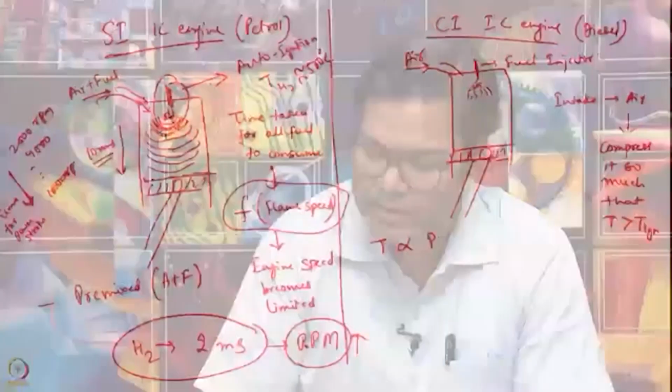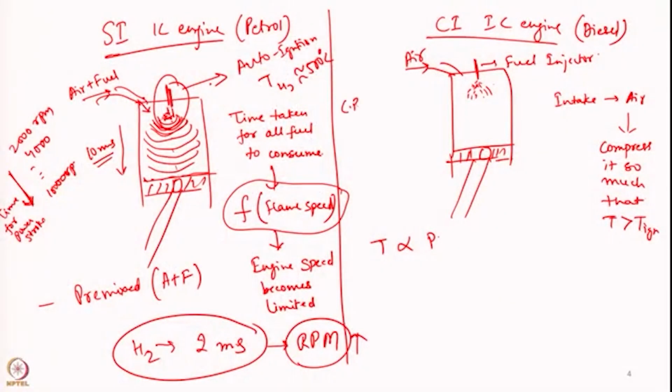So, typically the compression ratio for your CI engine is higher than the compression ratio for your SI engine. Typically in the range of around 12 to 20, nowadays 18 to 20 is also there for high power diesel engines. Typically 14 to 16 for most automobile diesel engines, you will see that.